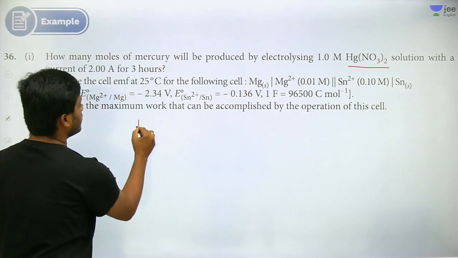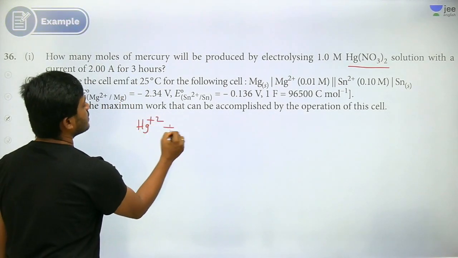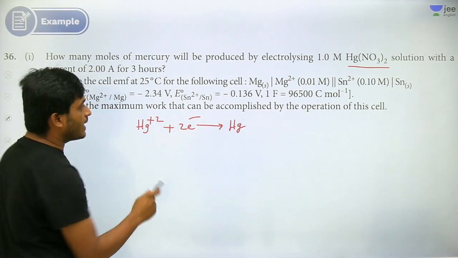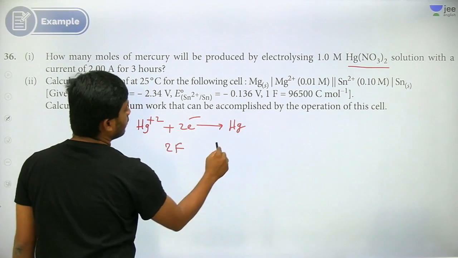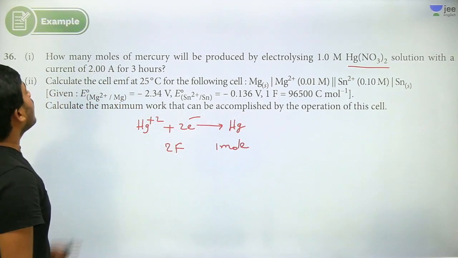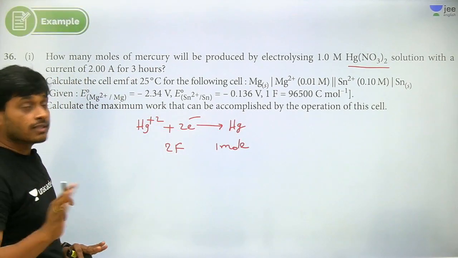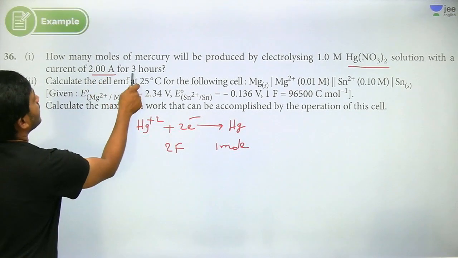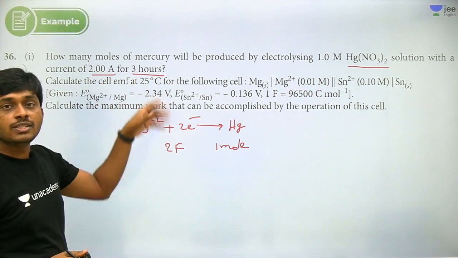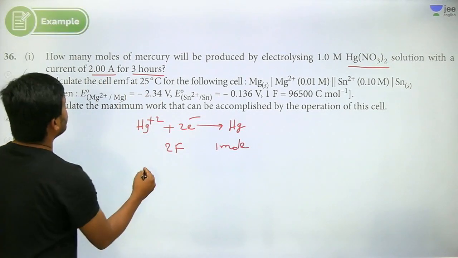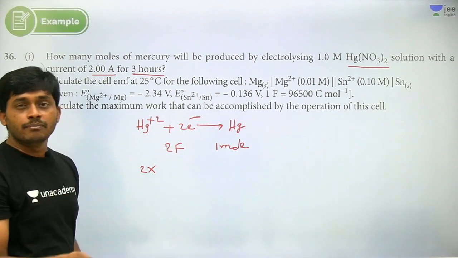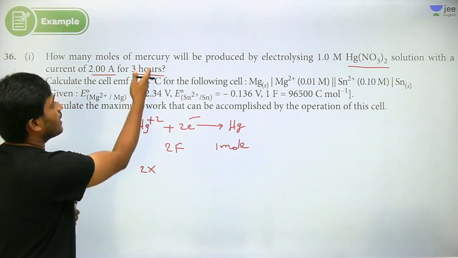Hg2+ plus 2 electrons gives Hg: 2 Faraday, 1 mole. So what you have to do is convert this charge into Faradays. Current is 2 amperes; time, convert into seconds.